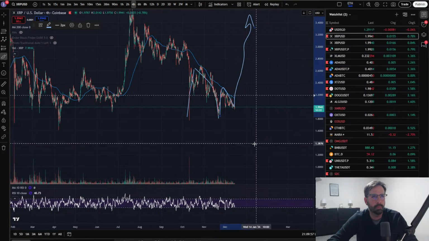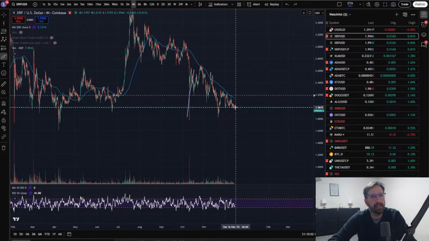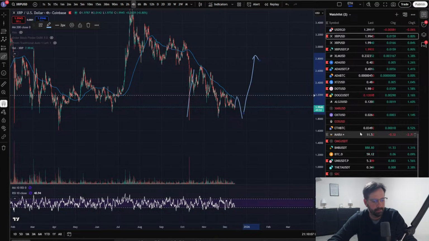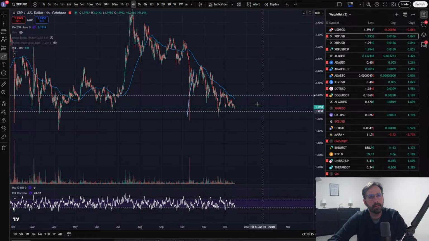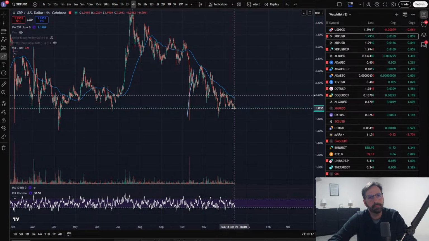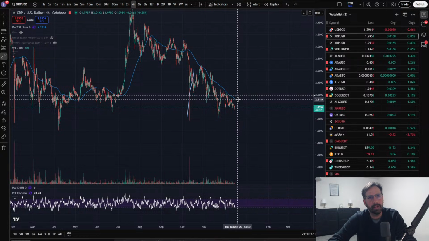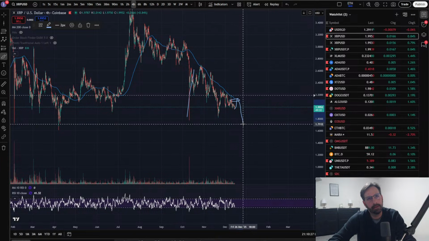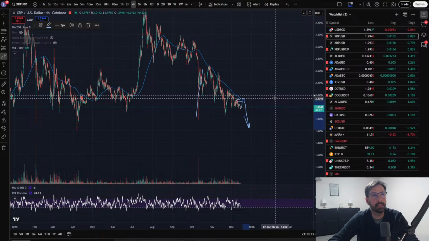Except the way it needs to come up is boom, boom, boom, maybe something like that. Or this could roll over and just come down. But still, I'd like it to revisit this area with this flat and then come on down. I kind of see that as a possibility.